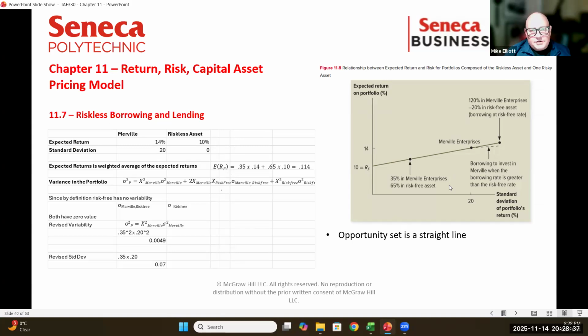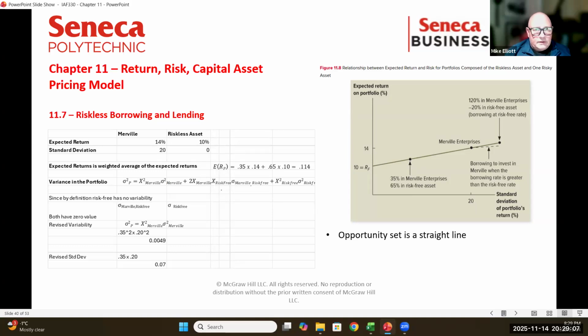So 35%, 65% gives us a return of 11.4% and a standard deviation of 7%. Merval by itself gives us 14% and a standard deviation of 20%.